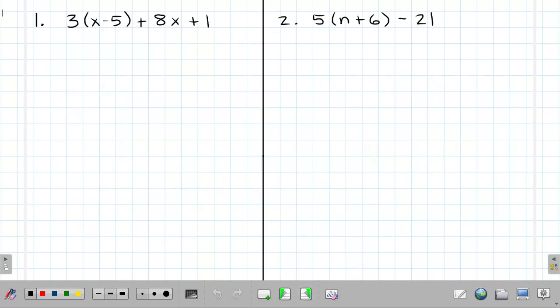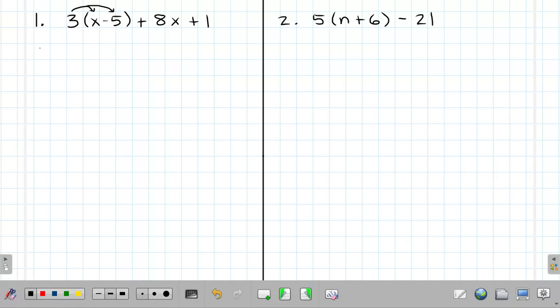Well, let's look at number 1. Number 1 here, we've got 3 times, in parentheses, x minus 5, plus 8x plus 1. Well, it says distribute first. You see the distributive property needs to be used right here where the parentheses are. So we're taking 3 and distributing it to the x and the 5, technically the negative 5.